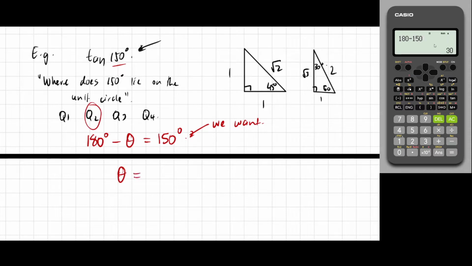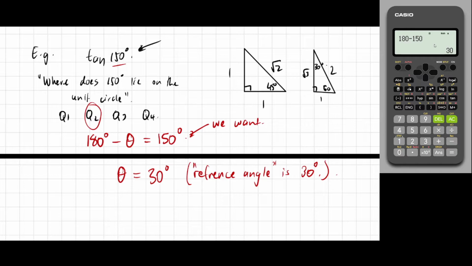So our reference angle is 30 degrees, okay? So all I've done is I've found what we call our reference angle. And our reference angle allows us to find the exact value for an angle that's very, very similar to 150 degrees, okay?